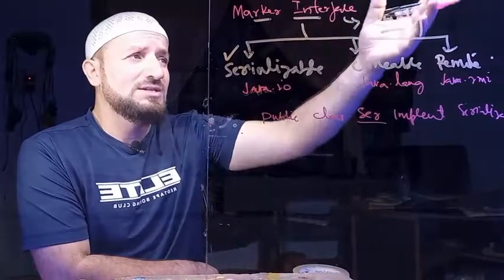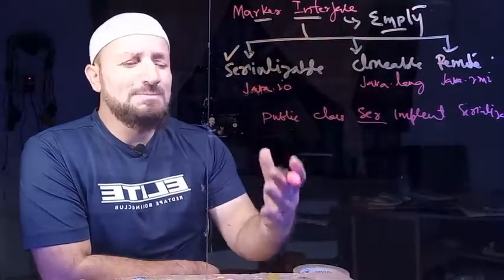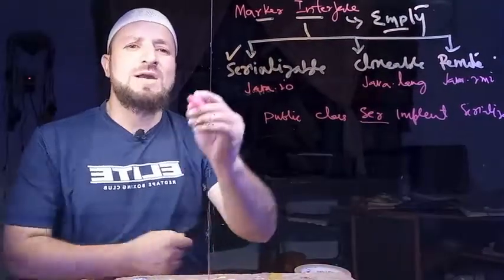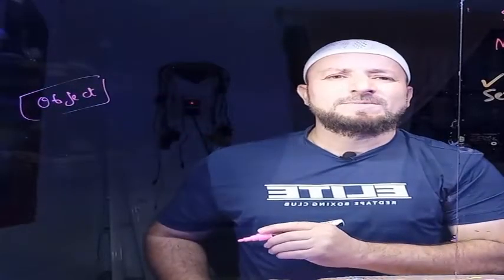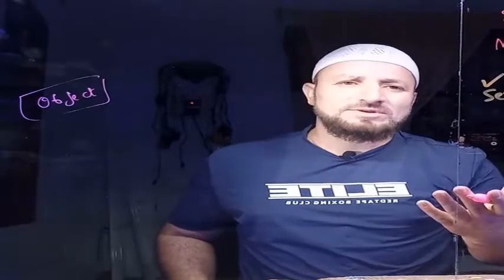You are doing serialization. So what it means is, for example, you have a particular object. Say you have an object here. This is my object, for example, and I want to store this in a file.